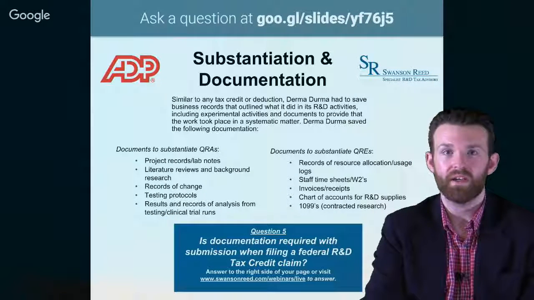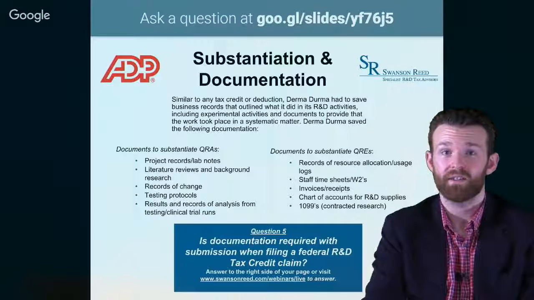The company also saved the following documentation to substantiate their qualifying research expenses: records of resource allocation, usage logs, staff timesheets or W-2s, invoices, receipts, chart of accounts for R&D supplies, and 1099s for contracted research.